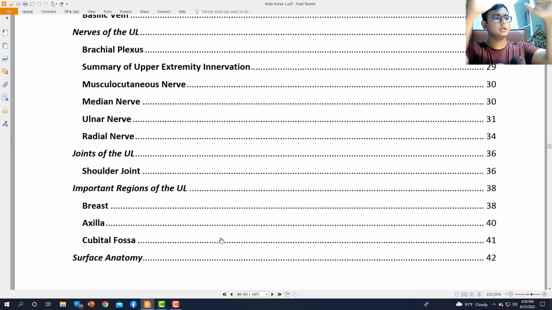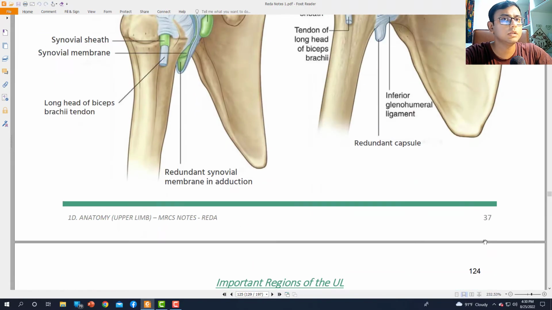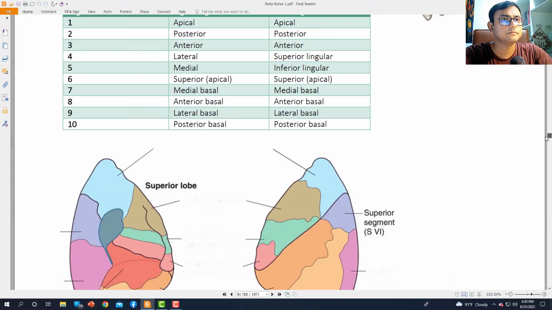There will be 14 to 15 questions from the limb. So we must be very conscious about the limb.